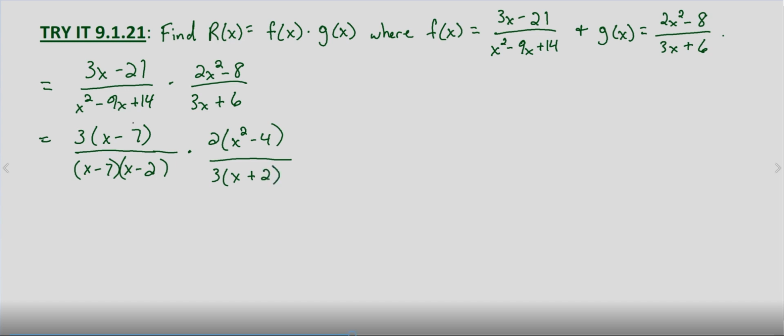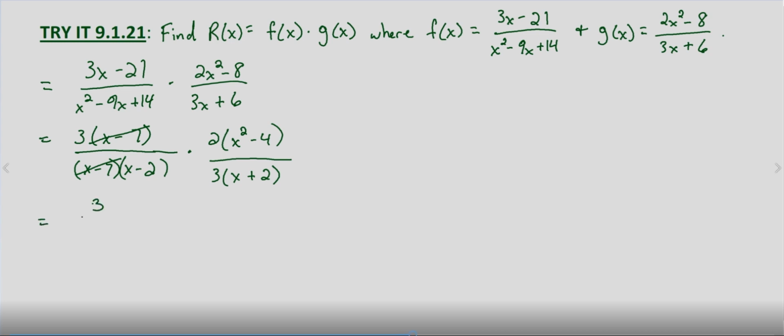Now, if you'll notice here, first off, we can already cancel the x minus 7 and x minus 7. Those are common factors in the numerator and denominator of our first rational expression of f of x once we've factored it. And also, we can factor x squared minus 4. That's going to end up equaling, we'll go ahead and simplify this.